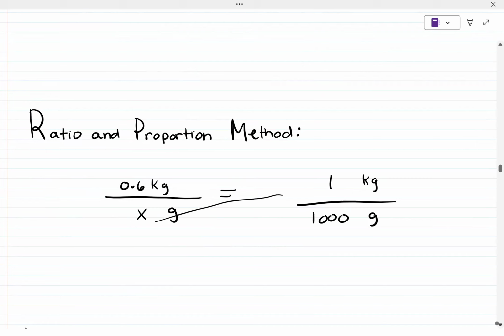Step 2, cross multiply. What's 1 times X? X. And then 0.64 times 1,000. What's that? 640. And yeah, 640 grams.